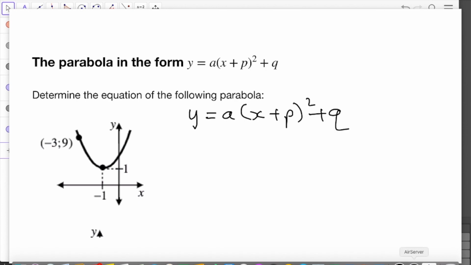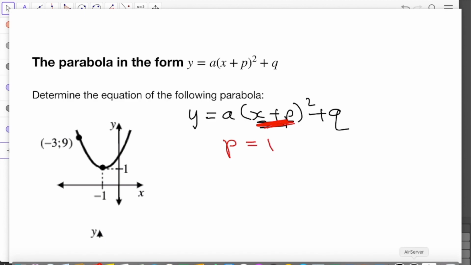But for us to shift 1 unit to the left, it means in there, everything should be a plus. And that means we need x plus 1 inside that bracket. That is what we discovered in the previous examples. So you know straight away from this that p is equal to 1.